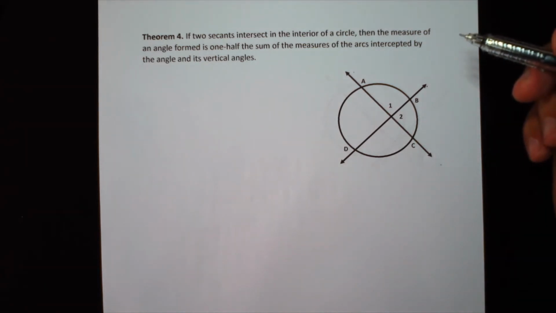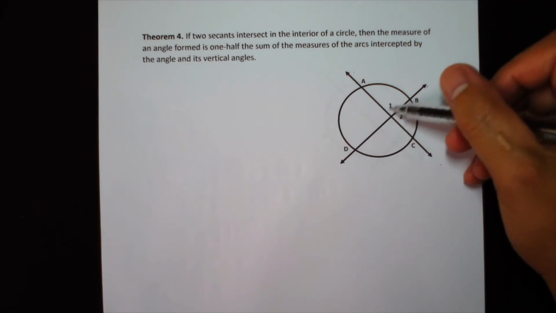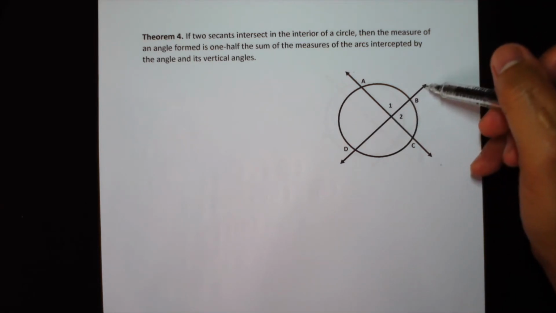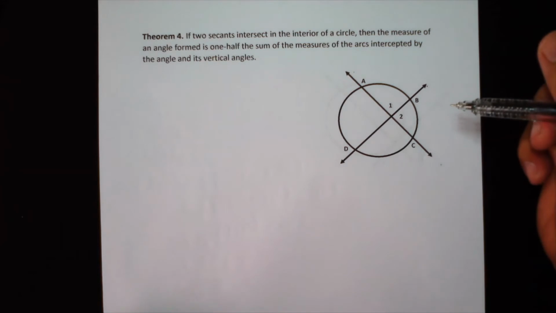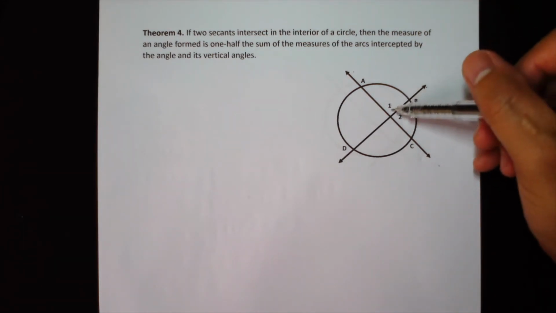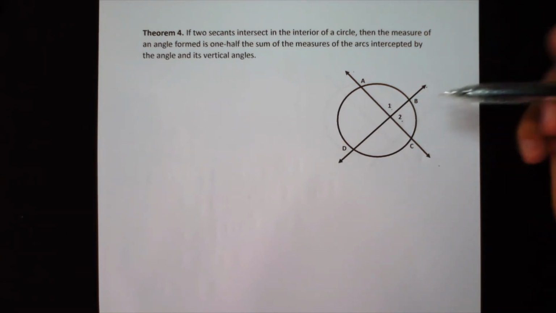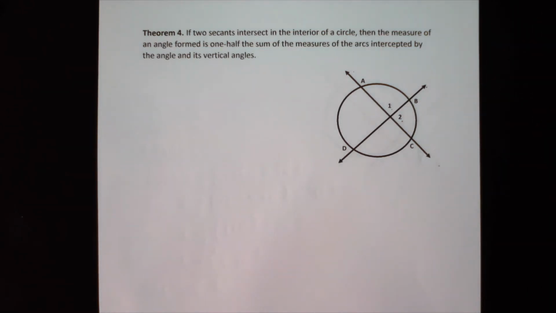As you can see, there are 4 angles formed between the intersection of the 2 secants. Now, what is the measurement of angle 1 and angle 2?